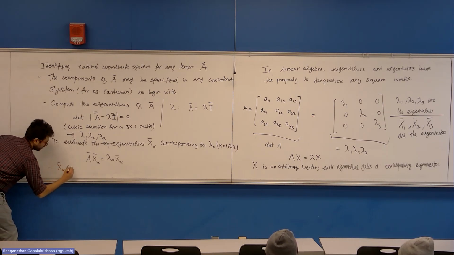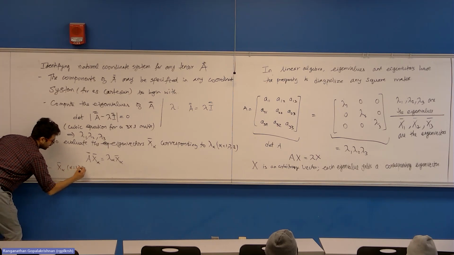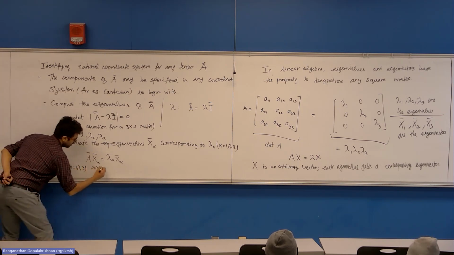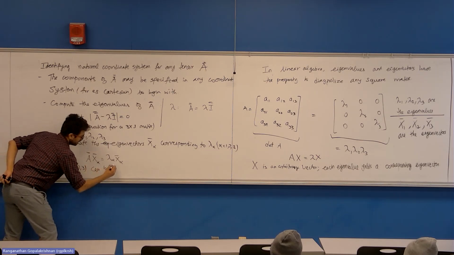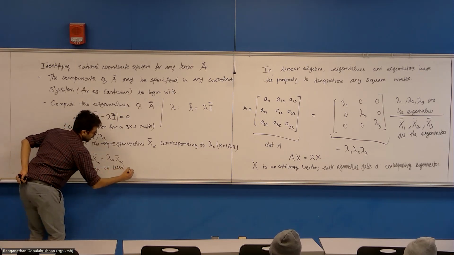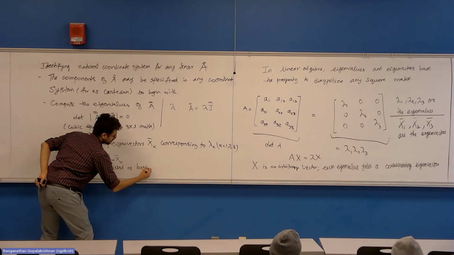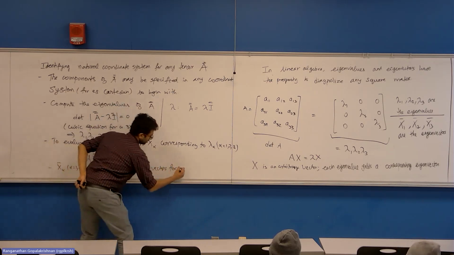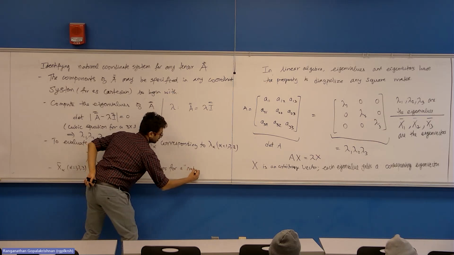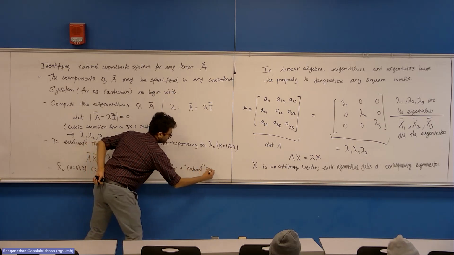X alpha, where alpha takes values 1, 2, and 3, can be used as basis vectors for a natural coordinate system.